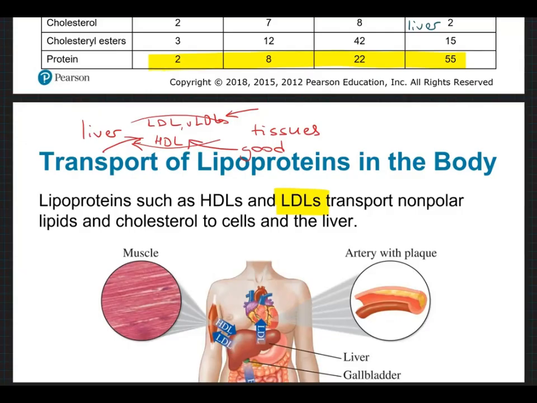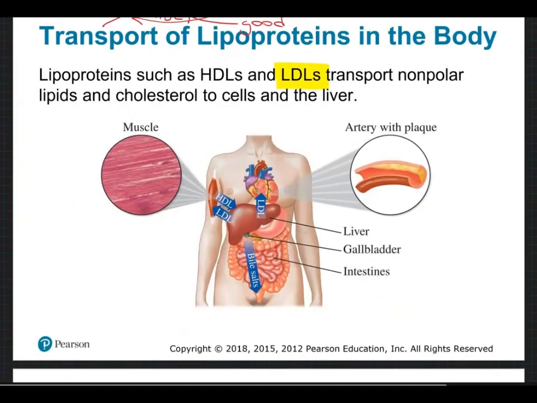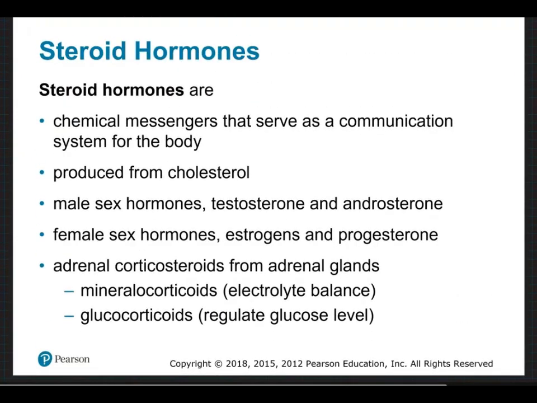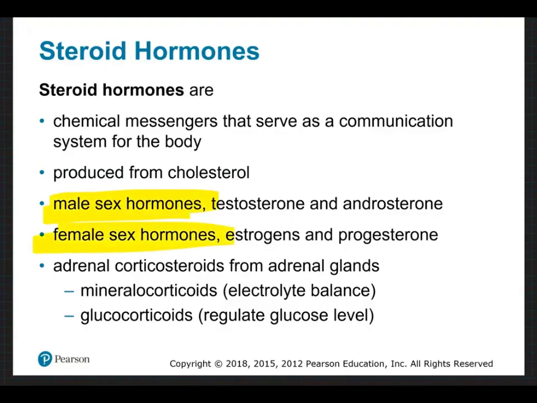Steroid hormones produced from cholesterol include male sex hormones, female sex hormones, and mineralocorticoids and glucocorticoids. Mineralocorticoids such as aldosterone and glucocorticoids such as cortisol, which is responsible for the stress responses.